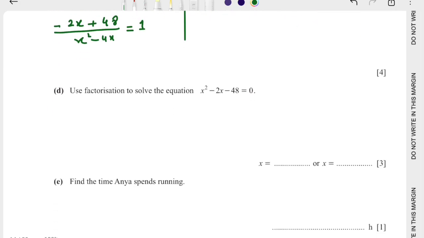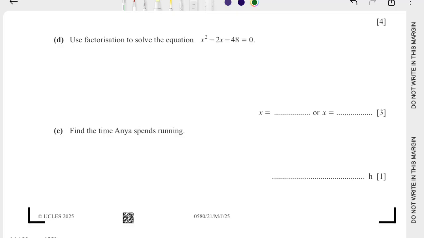Now D part. Use factorization to solve the equation x square minus 2x minus 48 is equal to 0. So we have to split the middle term. If you multiply 1 with 48, you get 48. Now you have to find all possible factors of 48. So 8 times 6 is 48, and this is the desired factor.